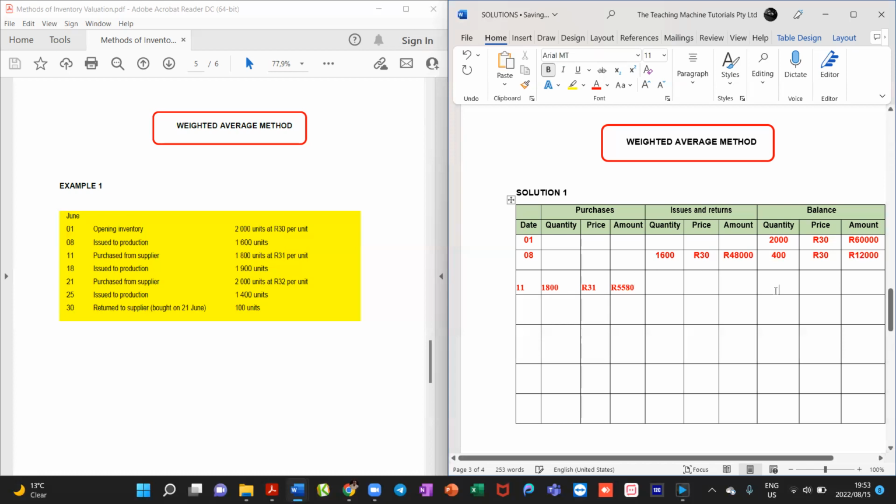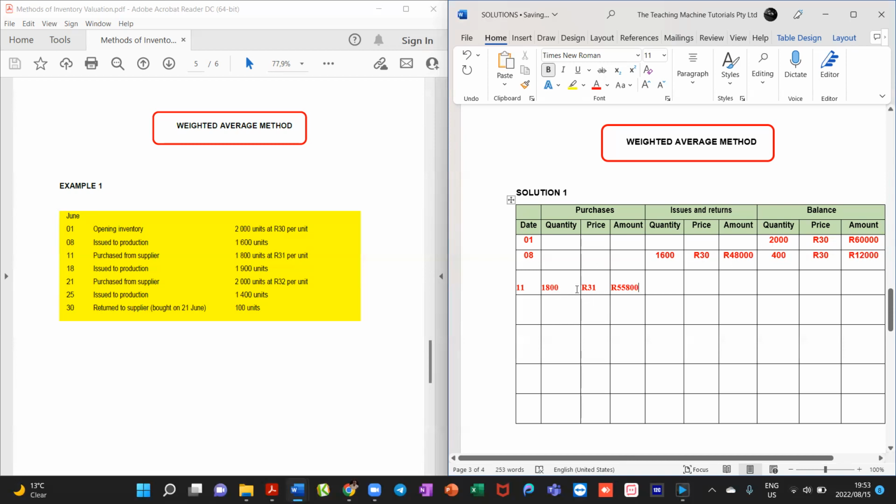Now, check what's going to happen. Unlike FIFO, we're not going to bring this down. We're not going to bring 400 units and show that their price is 30 and the total amount is 12,000. No, we're going to add everything. We're going to add 400 plus 1.8.